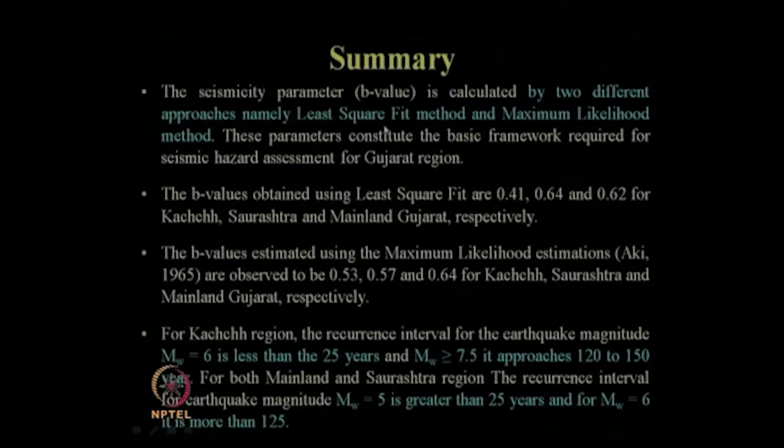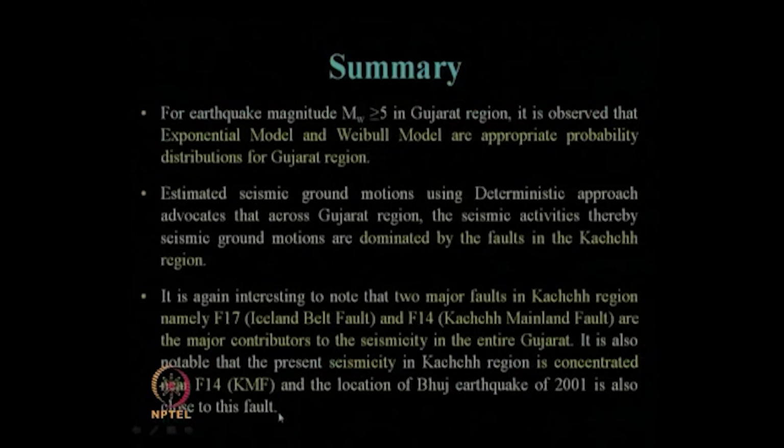Least square fit gives a more realistic value, and these are the various b values recommended by the 2 methods. And for the Kutch region, the recurrence interval of an earthquake of magnitude 6 is less than 25 years, and when it is more than 7.5, it approaches 120 to 150 years.